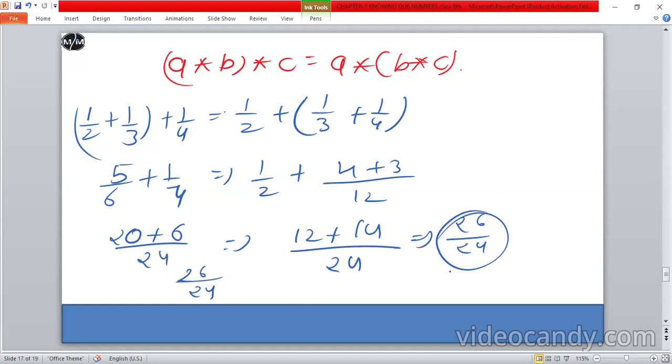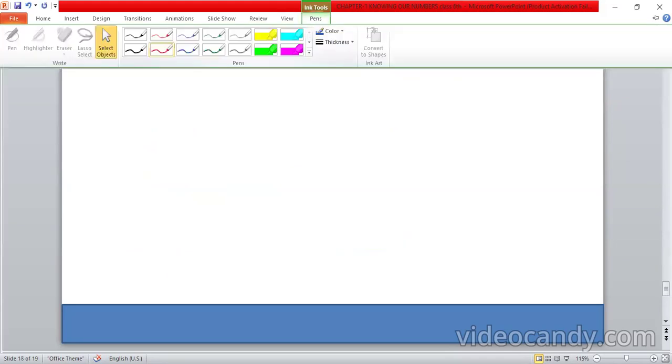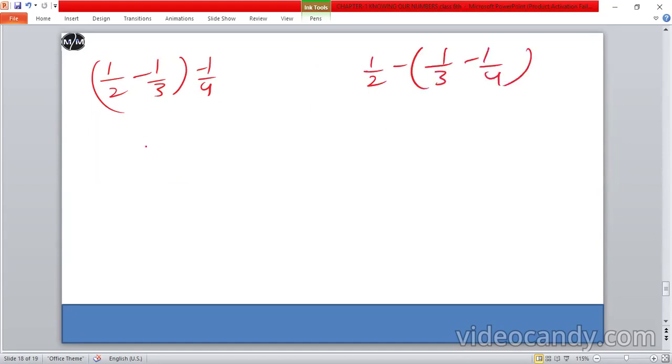Now we'll see for subtraction. 1 by 2 minus 1 by 3 minus 1 by 4. And here, 1 by 2 minus 1 by 3 minus 1 by 4.